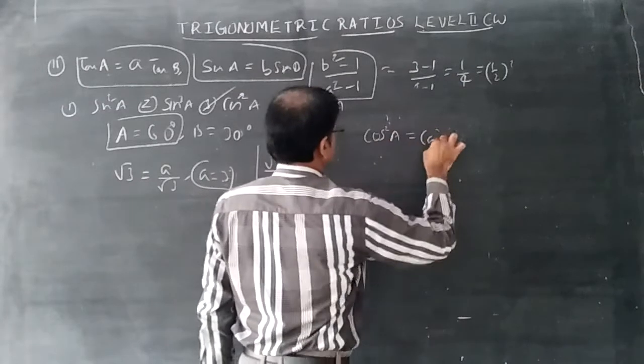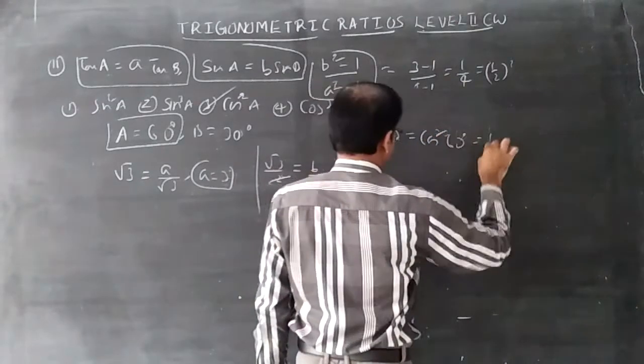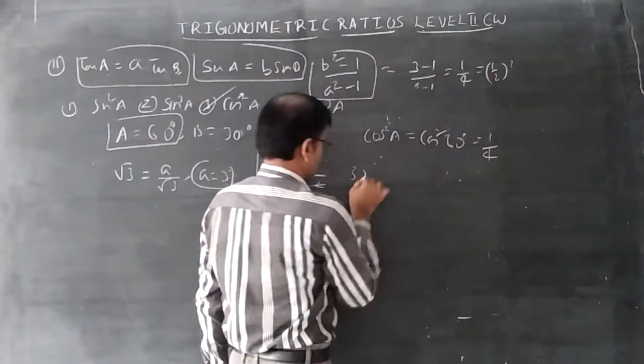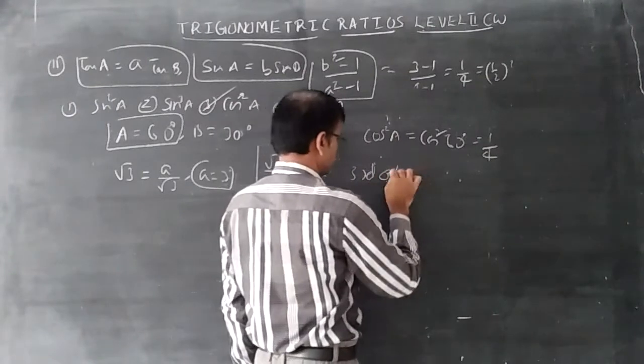Cos square a is equal to cos square, 1 by 4. Verified third option.